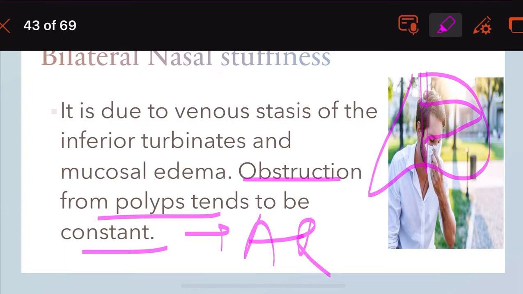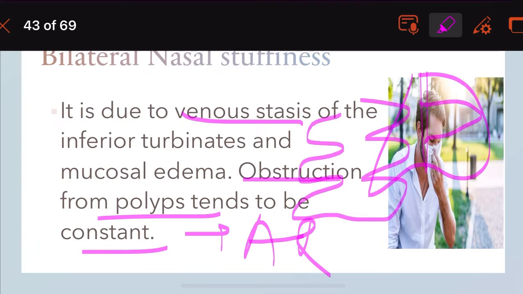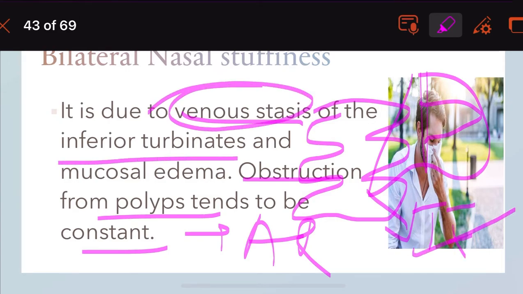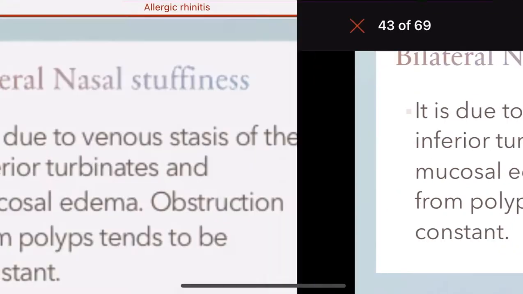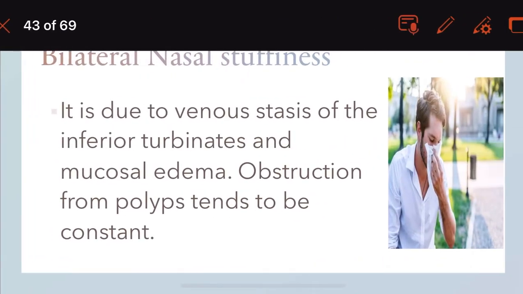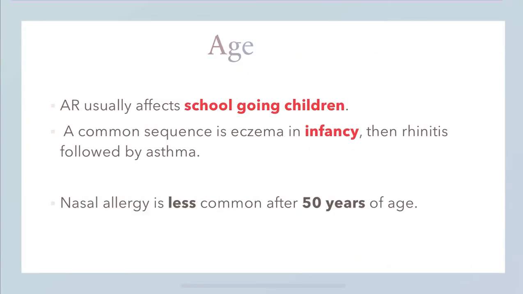And then there is venous stasis in the inferior turbinates. So these are the turbinates of the nose. If this is the inferior turbinate, there is venous stasis of the inferior turbinate, and also there is mucosal edema. The mucosa of the nose, there is swelling, okay, there is mucosal edema.